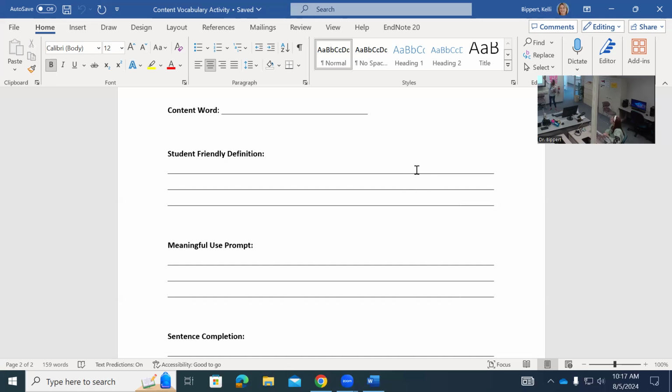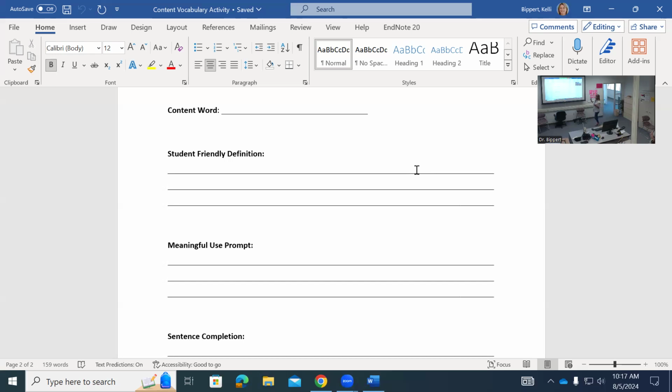Then create your own student-friendly definition for that word, trying to avoid a lot of complicated language. You can explore and look for synonyms if you want to use your computers on that, and that's fine.